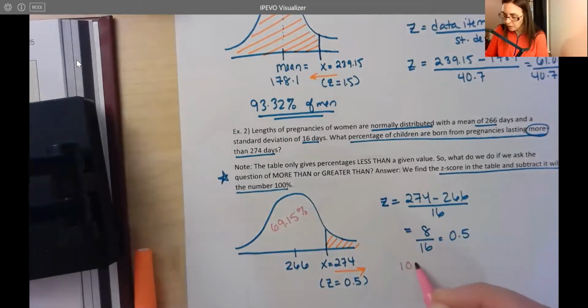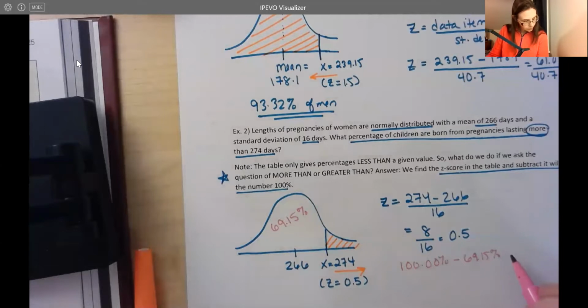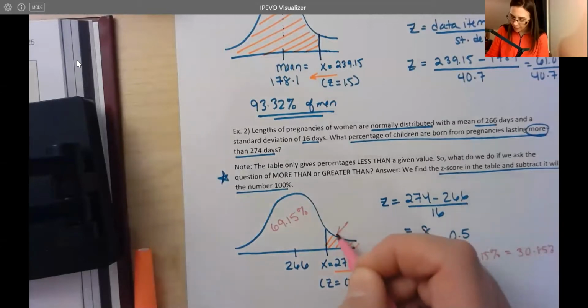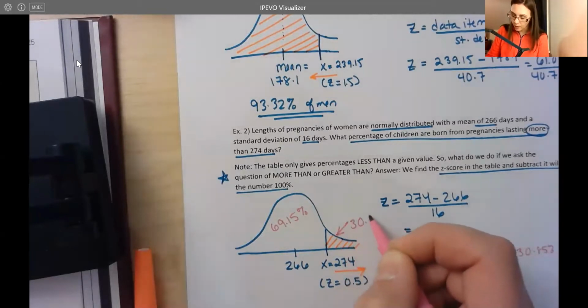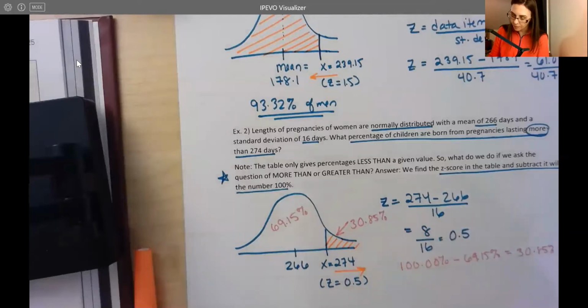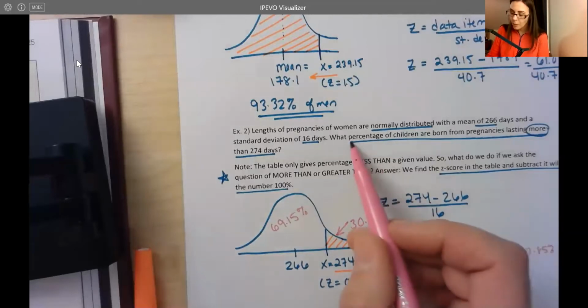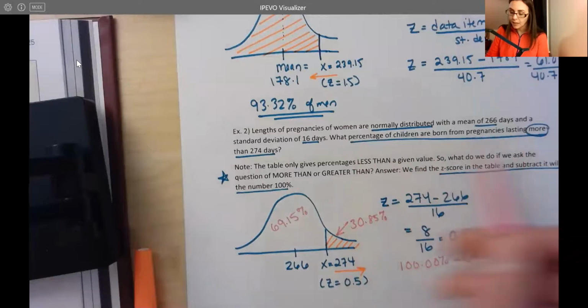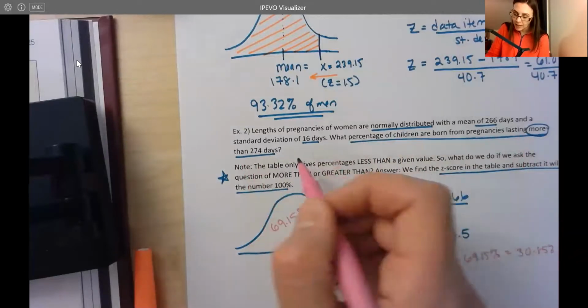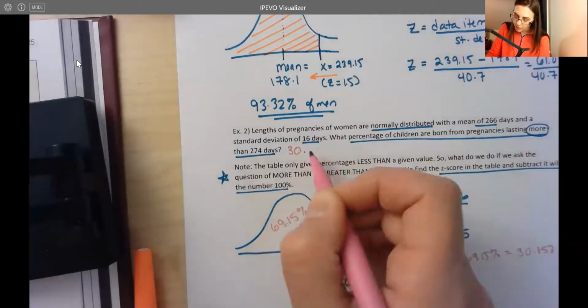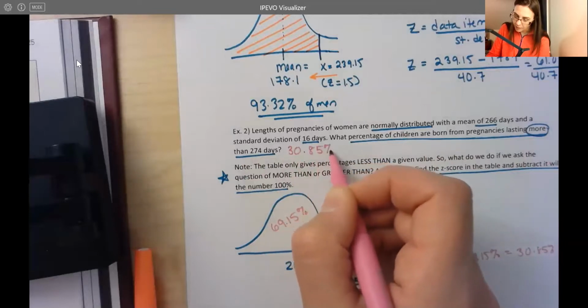So we're going to take 100% and subtract that 69.15%, and I get 30.85%. So this area right here is the 30.85% that we're looking for. What percentage of children are born from pregnancies lasting more than 274 days? The answer is 30.85%.